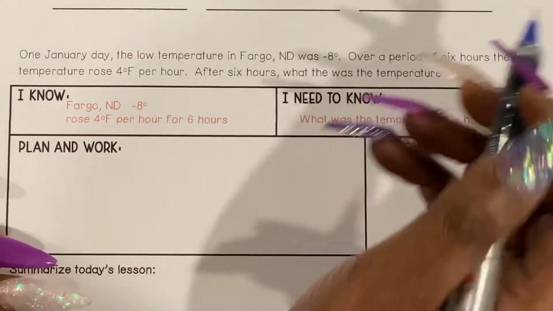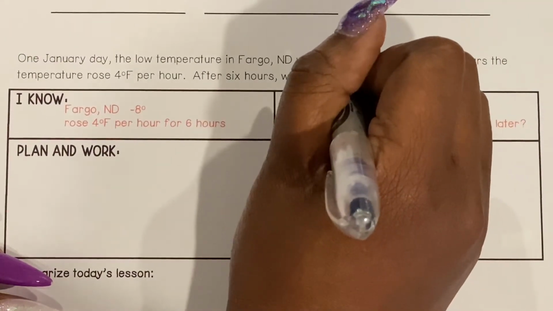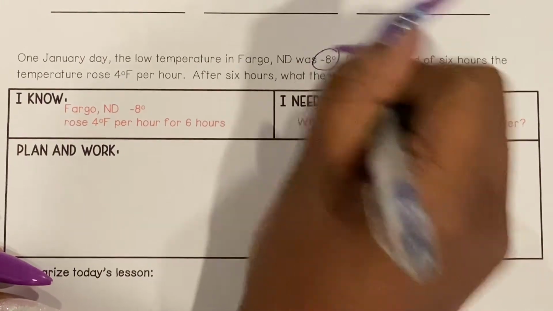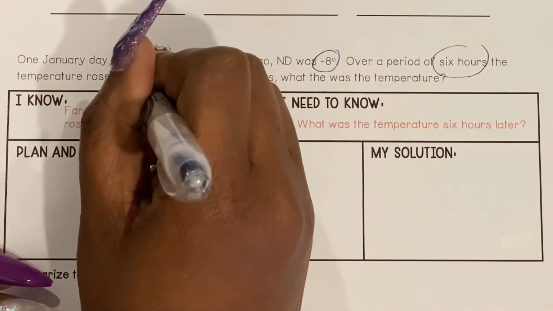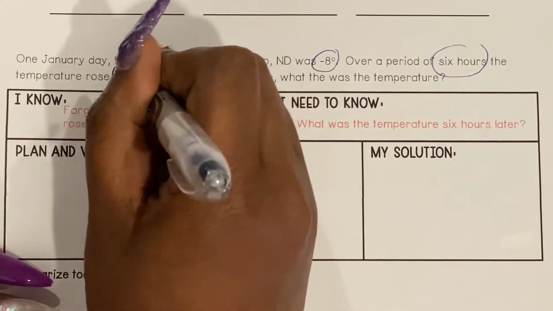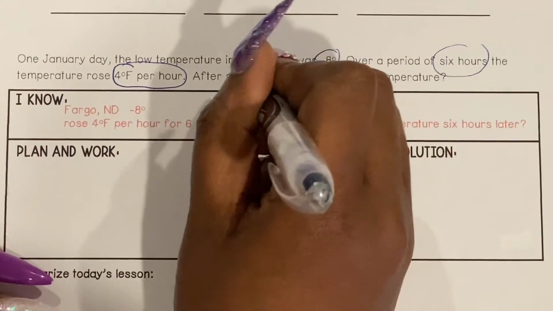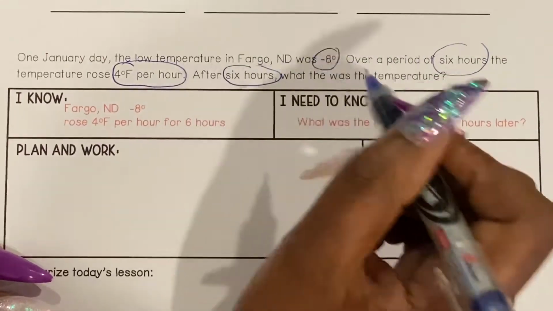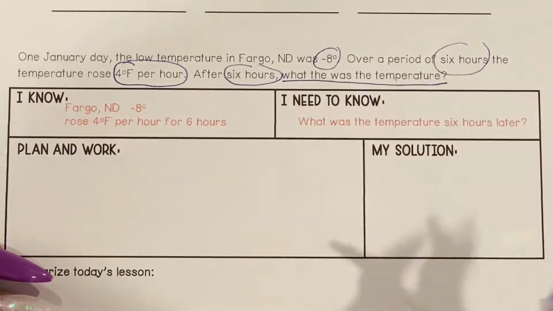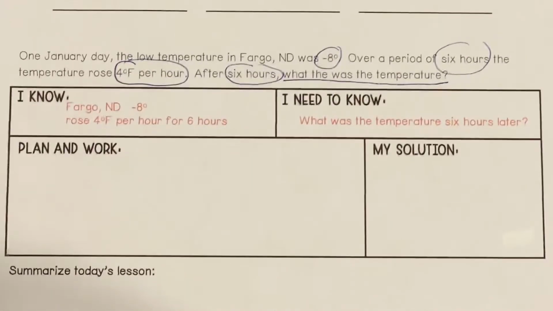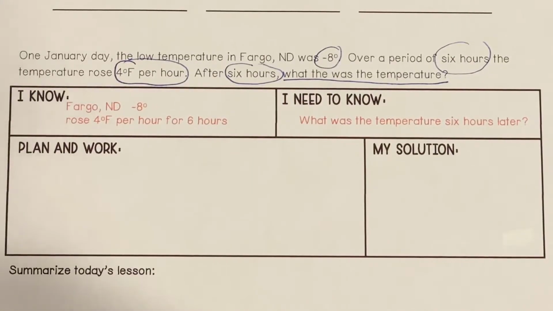So let's take a look. The first thing we're going to do is circle my numbers. I'm going to underline my question. And I'm going to look for any operation words that tell me what to do.